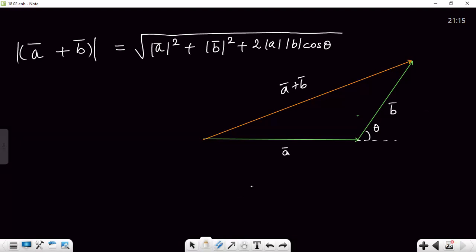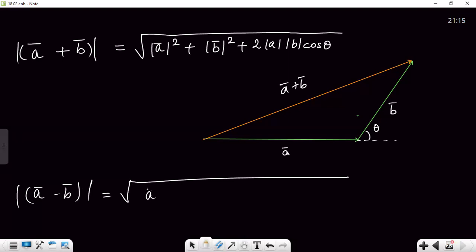What if we have to find out the magnitude of A vector minus B vector? It will be given by A vector square plus B vector square plus, sorry, minus 2 into A vector magnitude into B vector magnitude into cosine of theta.